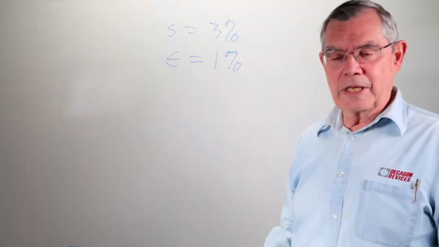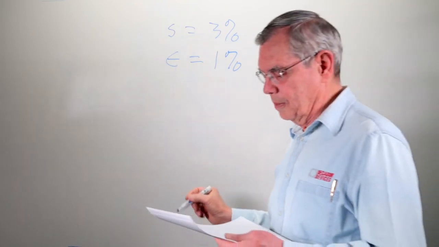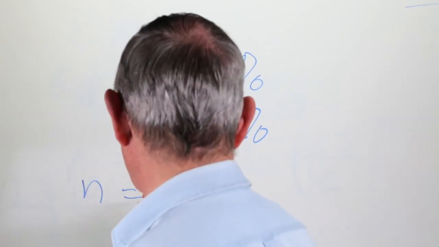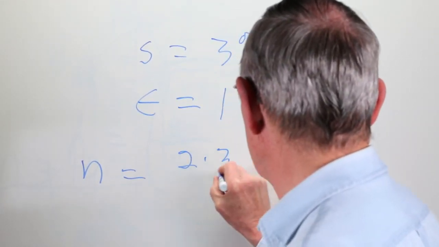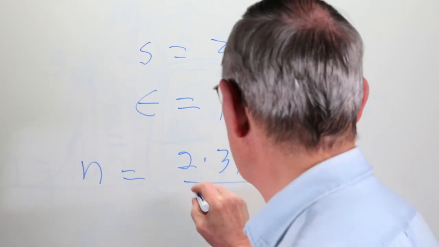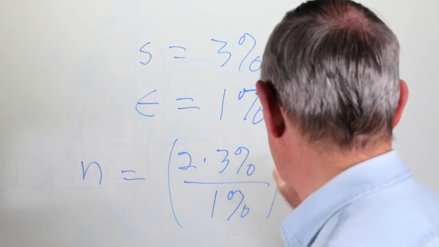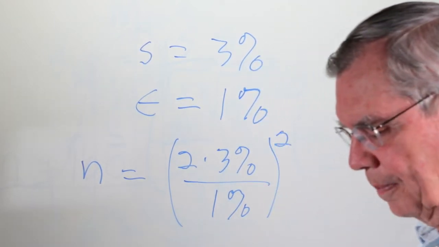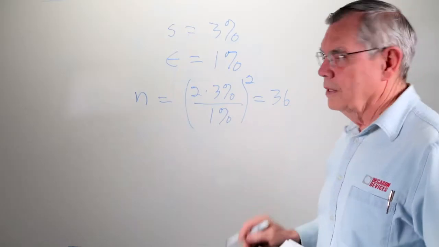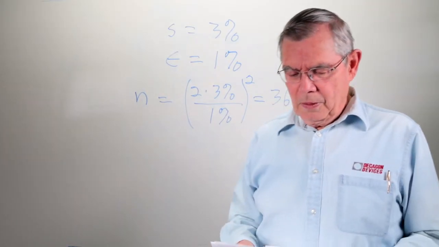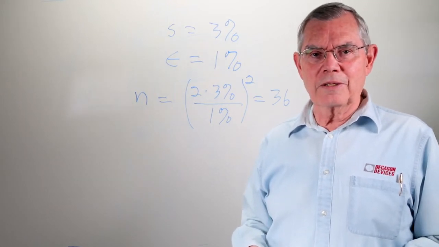We want to take enough samples so that we have 95% confidence that we're within 1%. And so the number of samples is 2 times 3% divided by the error, 1%, and that's all squared. And that comes out to be 36 samples.